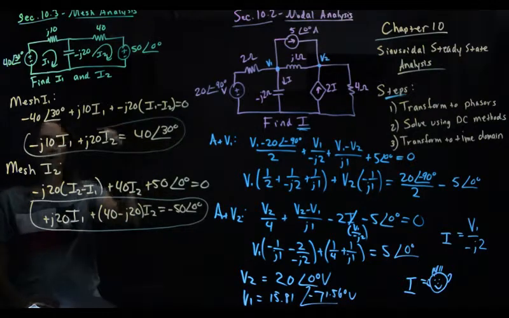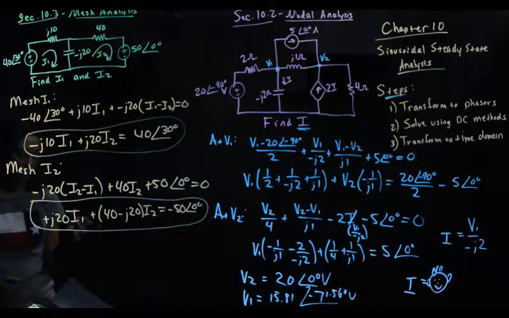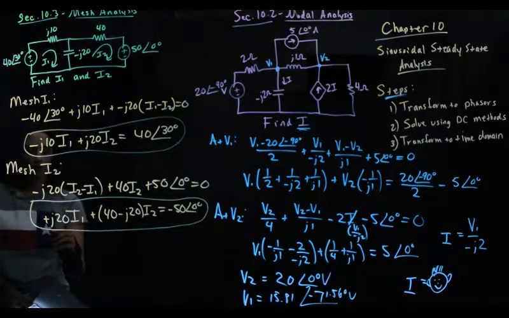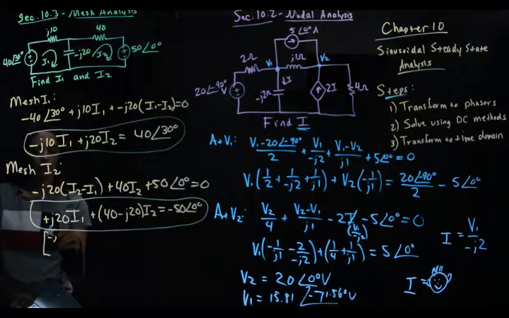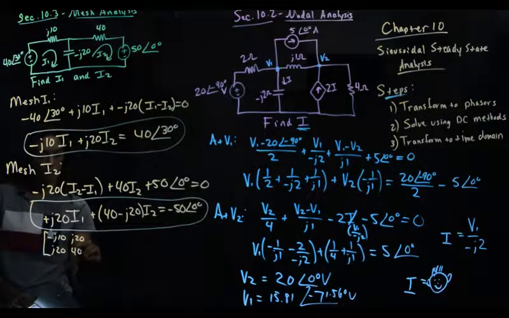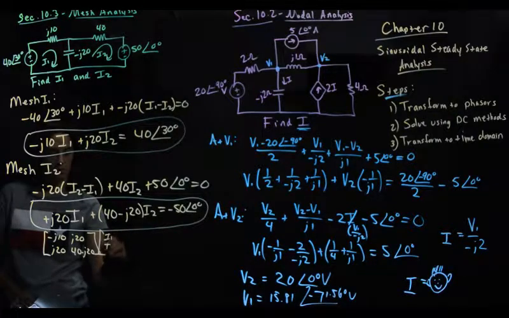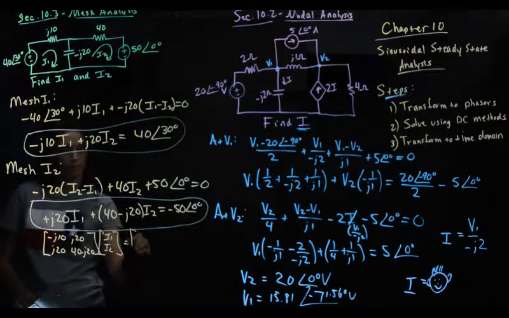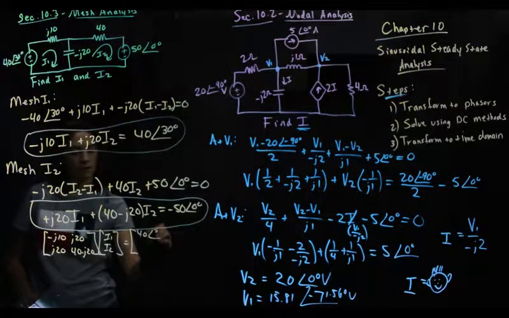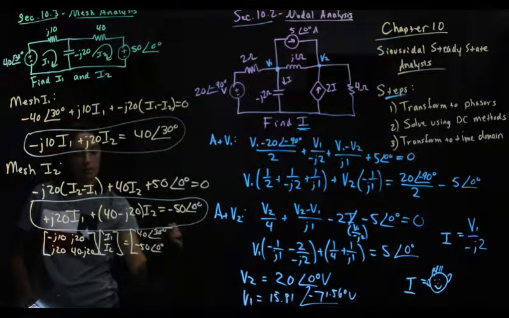Again, solve those any method you want. You can use your calculator, you can use Cramer's rule. If you did that, you'd have minus J10 and J20, J20 and 40 minus J20, times I1, I2, equal to 40 angle 30 minus 50 angle 0.